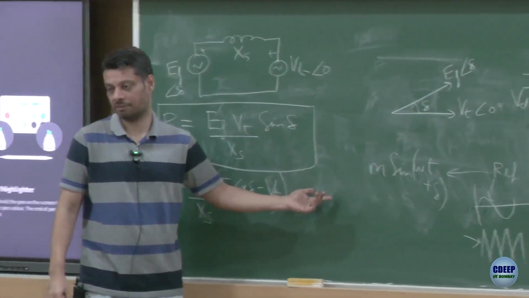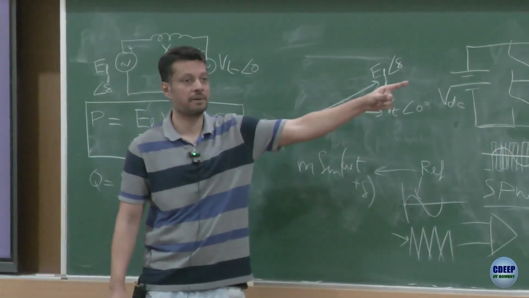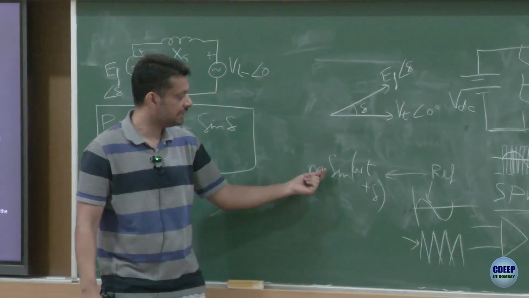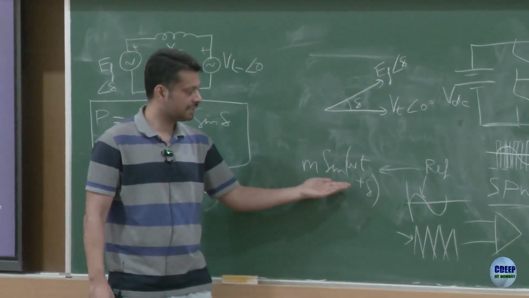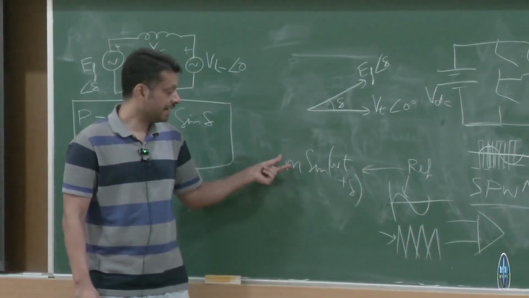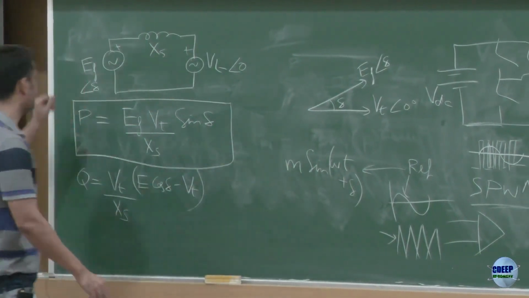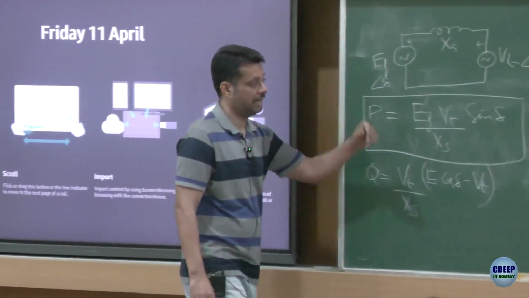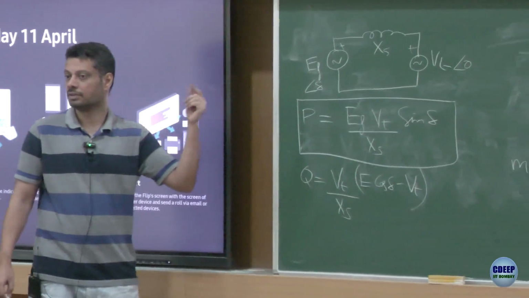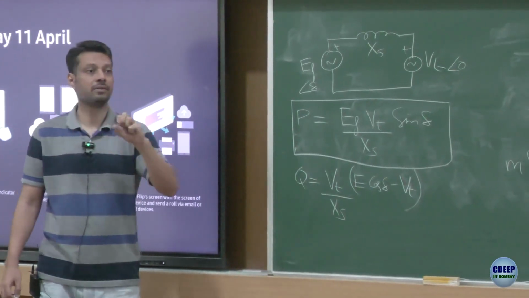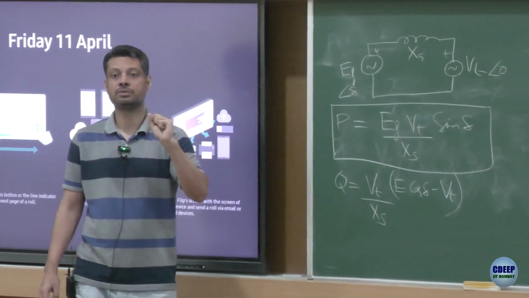This we have derived. The fundamental component V alpha 1 is m times VDC into sine of omega t plus delta. So by controlling this reference waveform, by adjusting m, you can adjust the EF. By adjusting this delta, you can adjust this delta, right. Is that clear now? Any doubt?